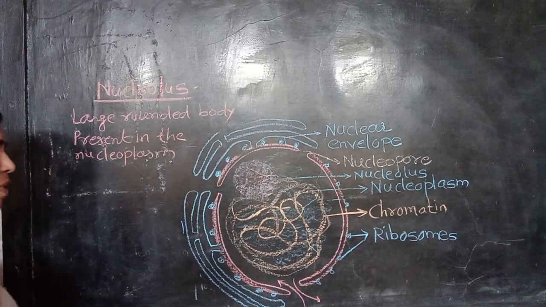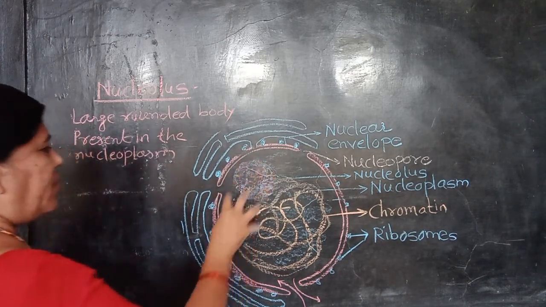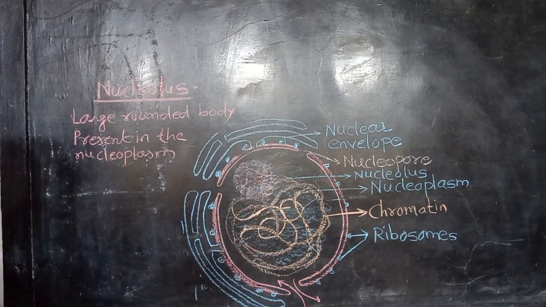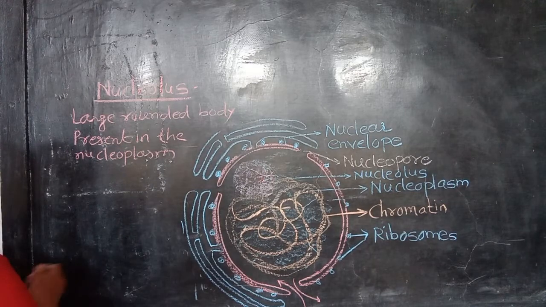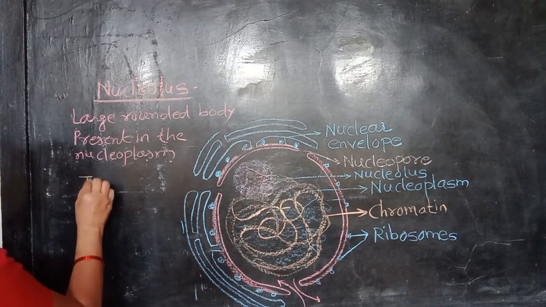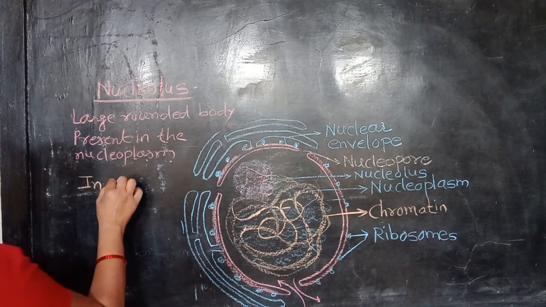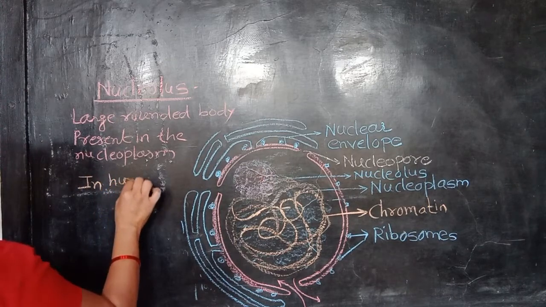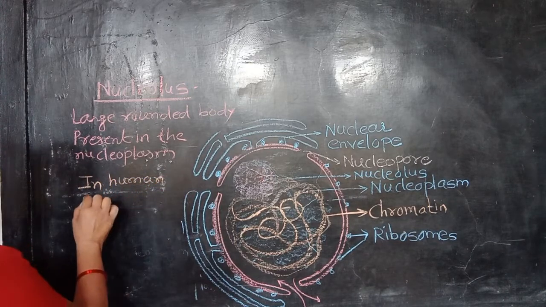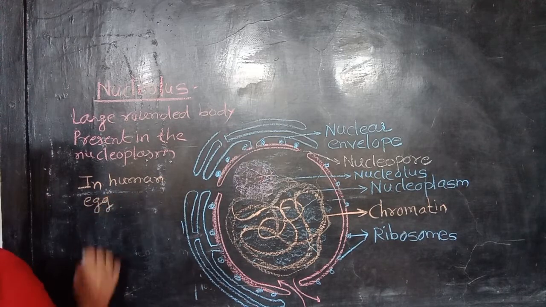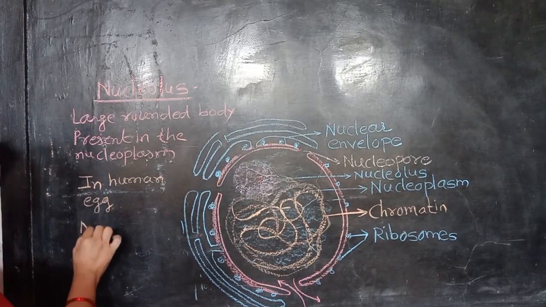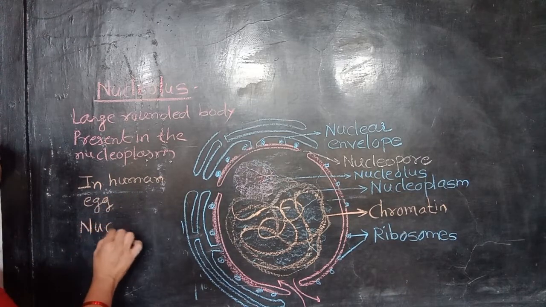The shape of nucleolus differs from cell to cell. For example, in the human egg, that is the human female gamete, nucleolus is very large.